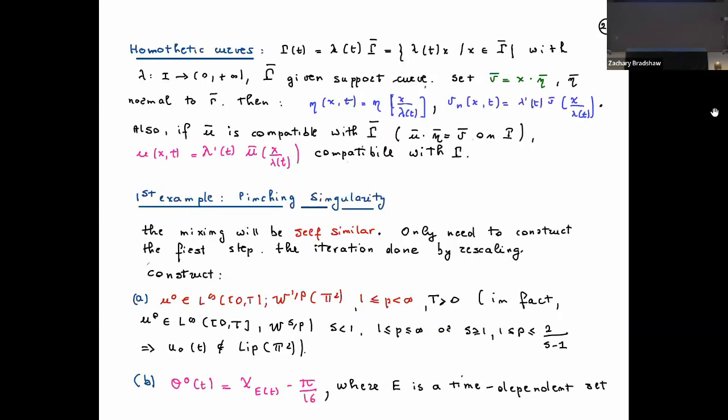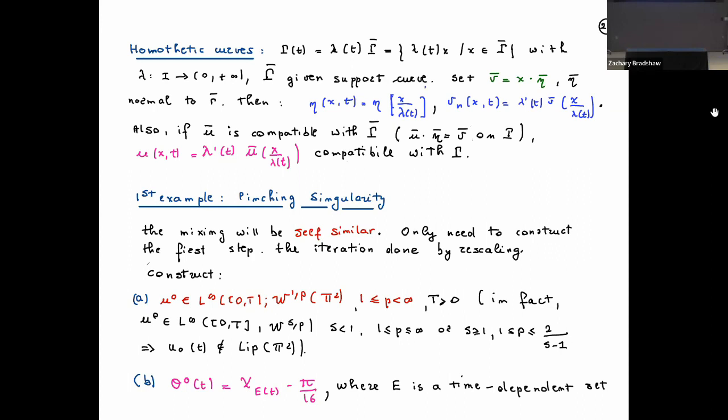There will be one more concept that I will use, again very classical. So far, we formalized these things in a way that was needed for our construction, but they're very classical concepts, that of homothetic curves. I will take a fixed curve and dilate it by a factor lambda of t. I will call gamma bar the support curve that stays fixed in time.